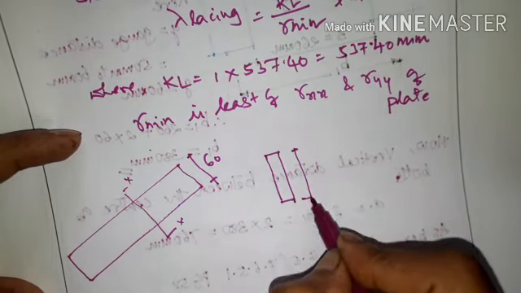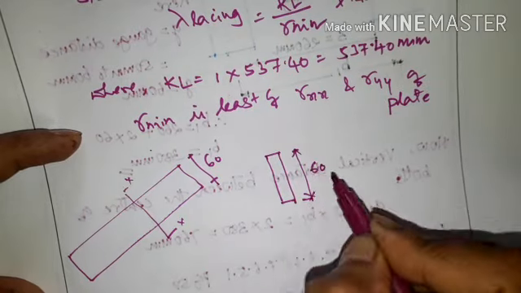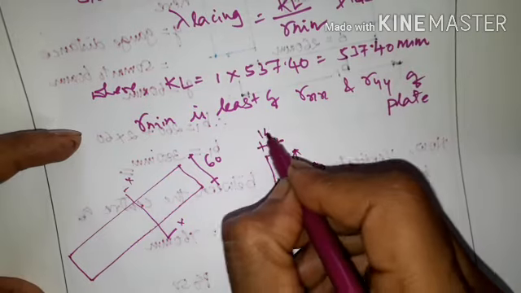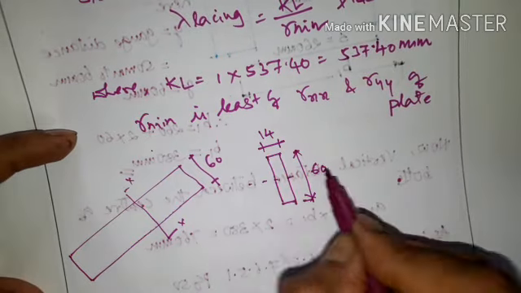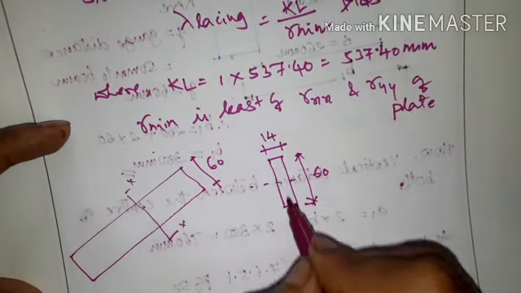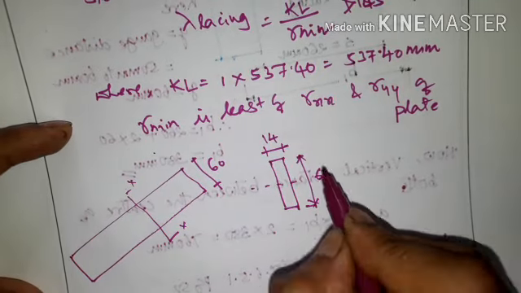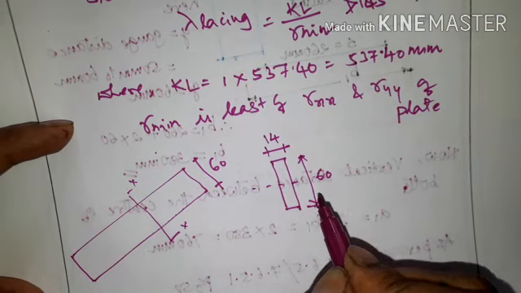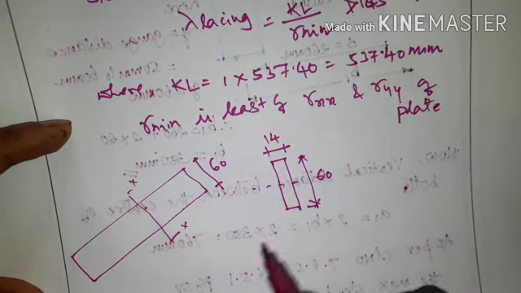This is 60, the thickness is 14. So here we have to find out the moment of inertia about IXX and IYY to get the minimum radius of gyration.